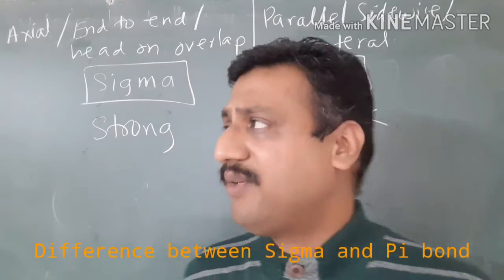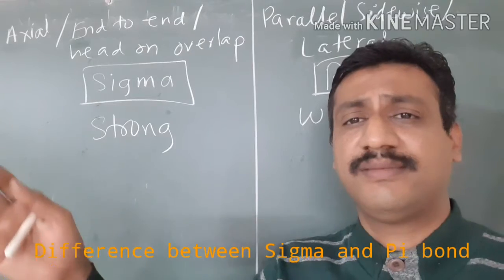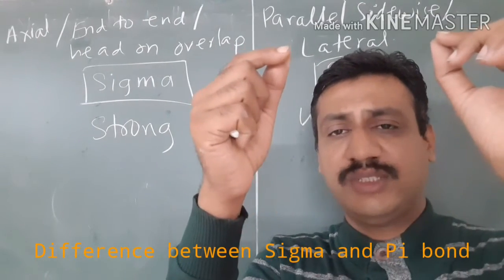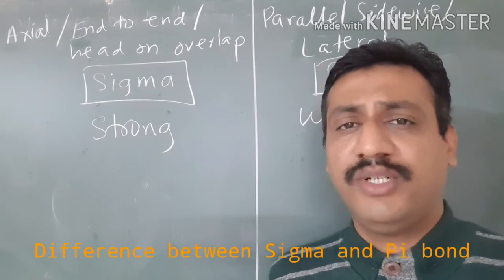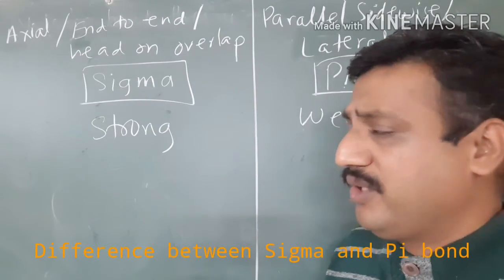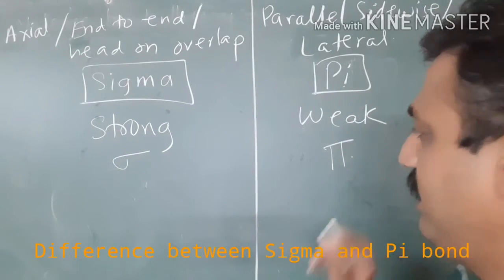But in the case of a pi bond, it is a sidewise overlapping, because the nucleus is on one axis and the electrons are on another axis. So there is no strength in the bond and it is a weak bond. Next, the sigma bond is represented like this and the pi bond is represented like this.